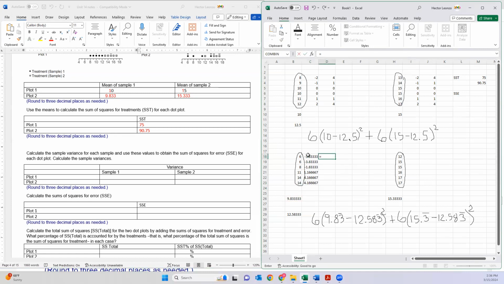And I'm gonna do this number to the second power. So it looks something like this. And then here, I'm gonna go this number minus the average.